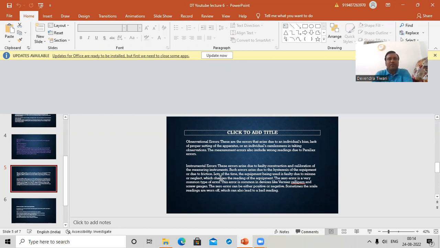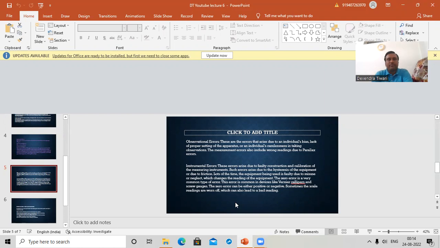Next is instrumental errors. These errors arise due to faulty construction and calibration of measuring instruments. Such errors arise due to the hysteresis of the equipment or due to friction. Lots of times the equipment being used is faulty due to misuse or neglect, which changes the readings of the equipment.